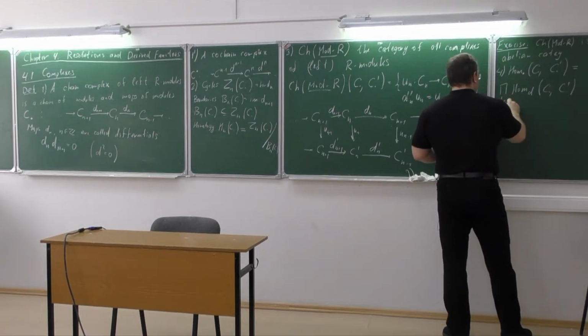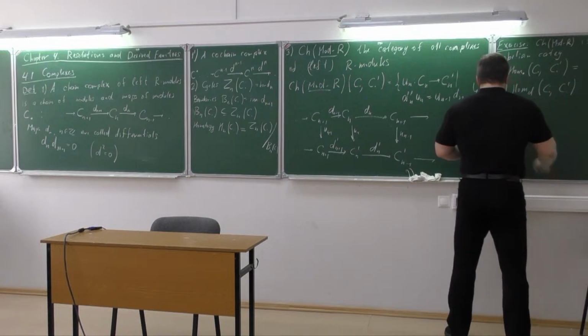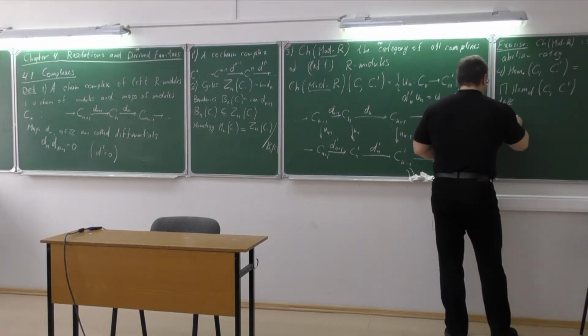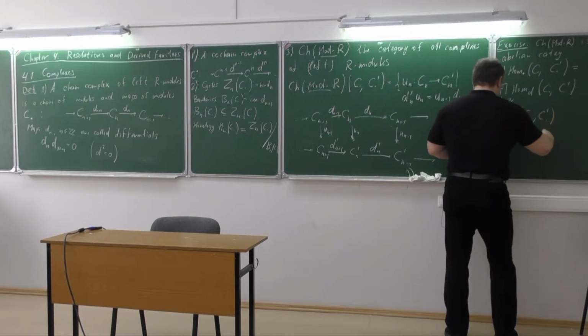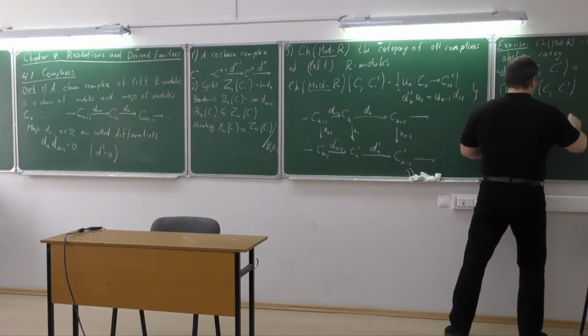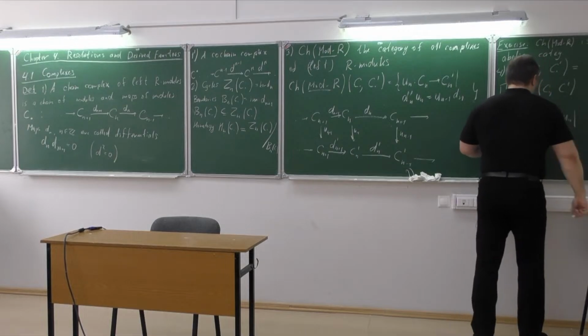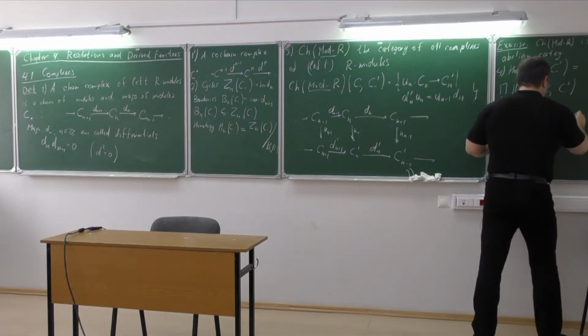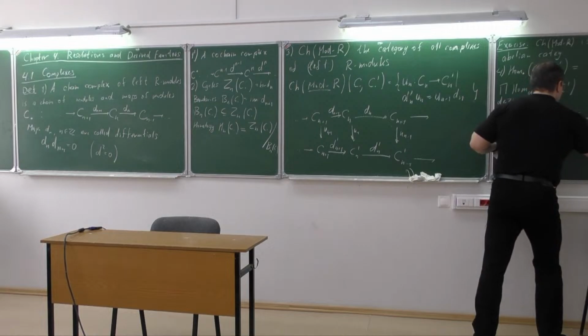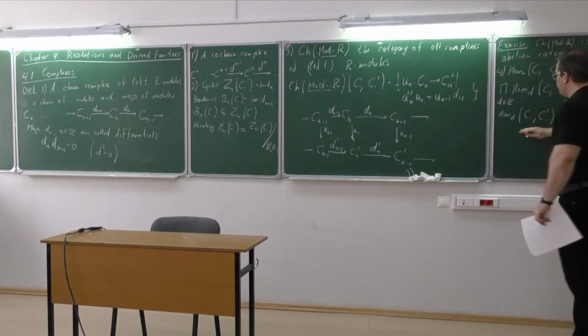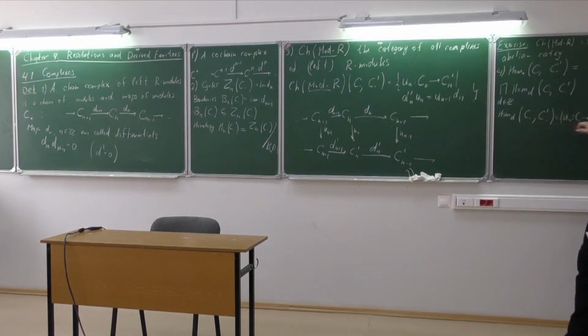So d here is any integer. So let me write this, Hom^d from the complex C to the complex C prime. Well, this is just, as I said, all the families of maps u_n, where u_n is a map from C_n to C_{n+d}. So these are just the maps that increase the degree by d.